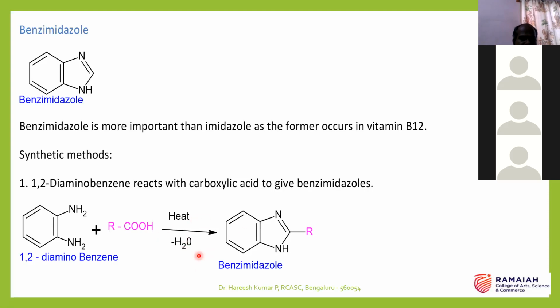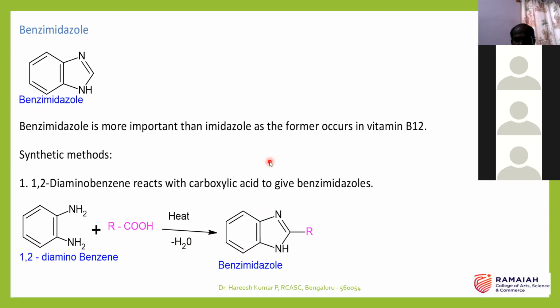Of course, this is also a condensation reaction. So 1,2-diaminobenzene on reaction with carboxylic acid gives benzimidazole. With this, I will go to the next slide.